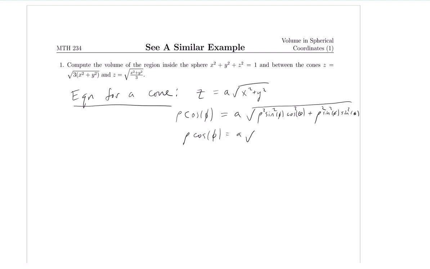Right, notice that in both terms we have rho squared sine squared phi, which we can factor out. And what's left is cosine squared theta plus sine squared theta, which is just 1. And then the square root cancels the squared. So this is just a times rho sine of phi.